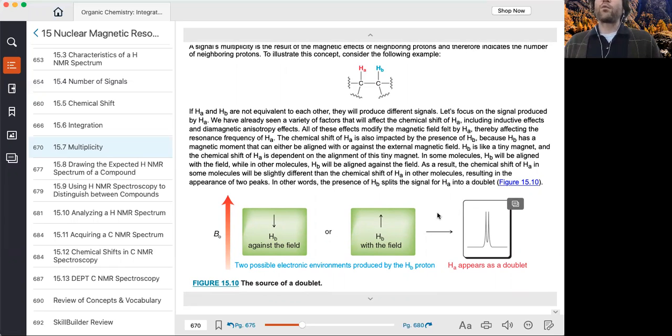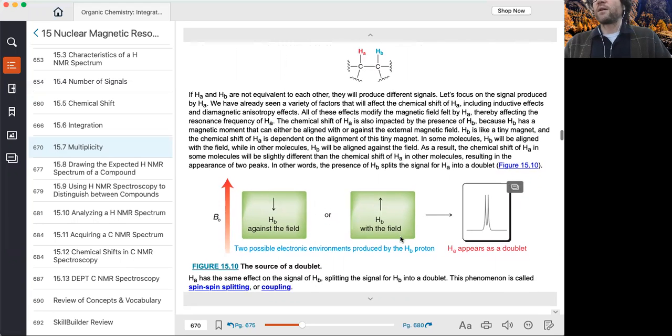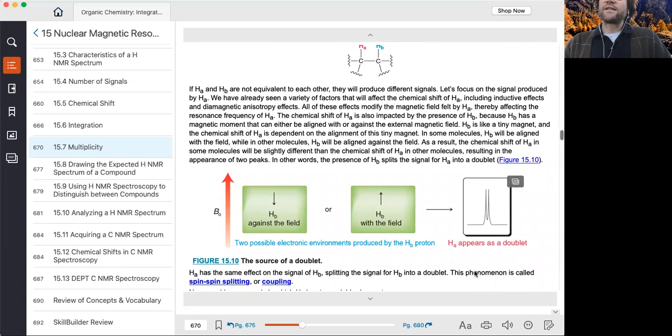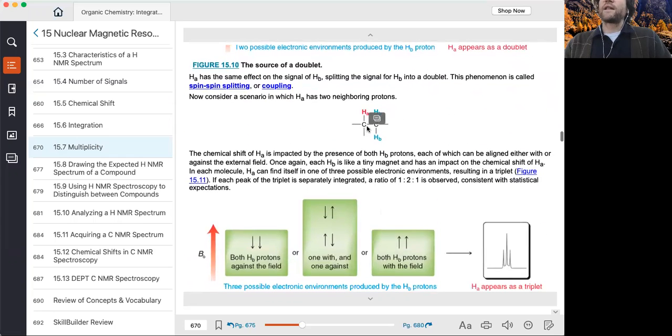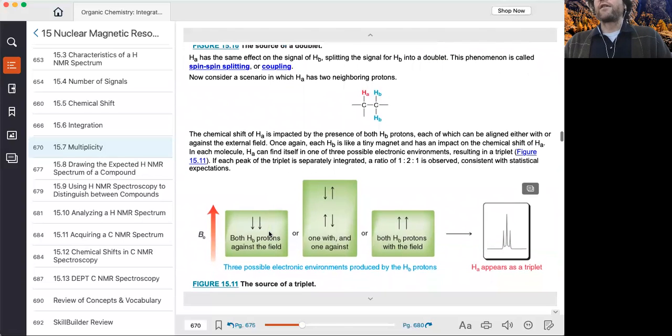So if you think about one proton and its one neighbor, these really only have two options. One can be up and one can be down, or one can be down and one can be up. So HA looks like a doublet because of these two. But if there are two neighbors, like in this HA with a CH2 neighbor like this, now the two neighboring protons can be down, down, down, up, up, down, or up, up.